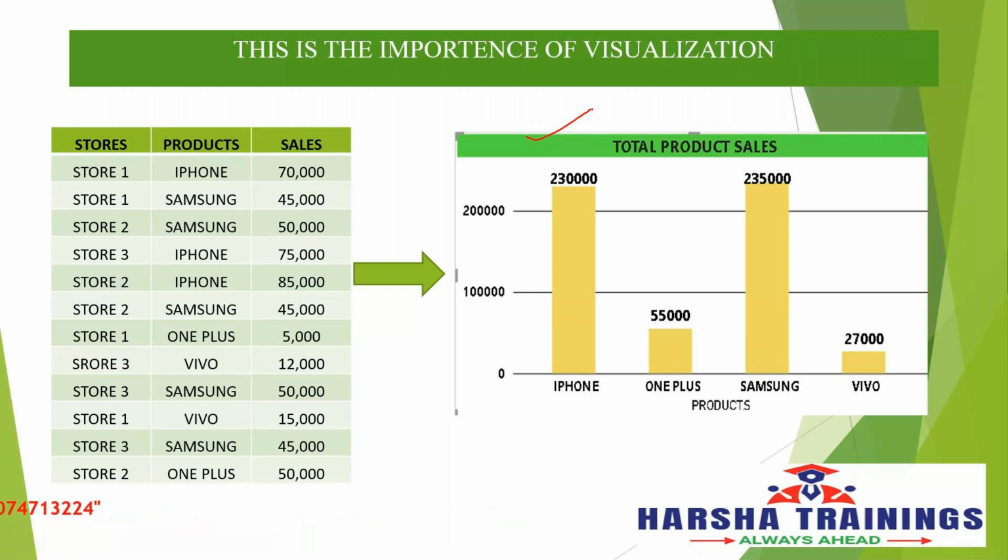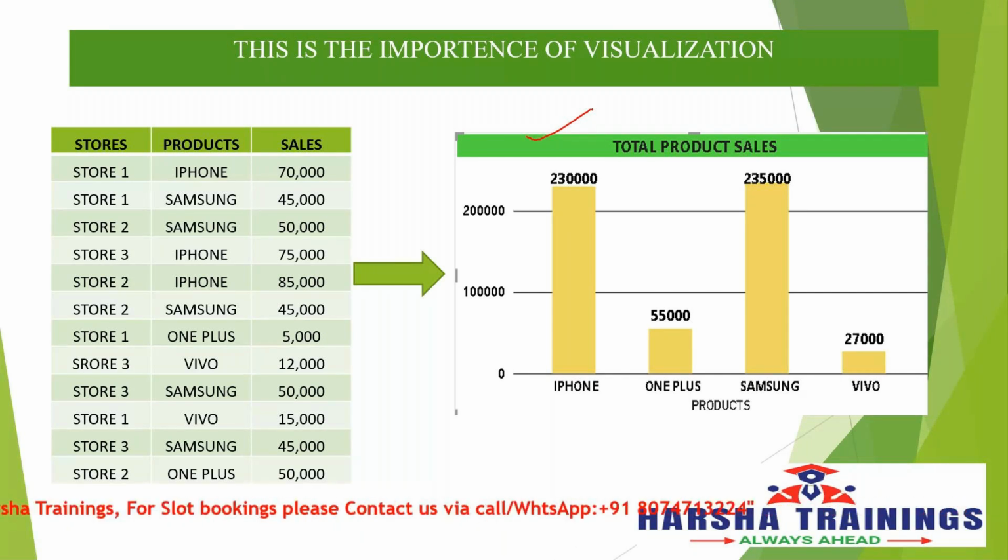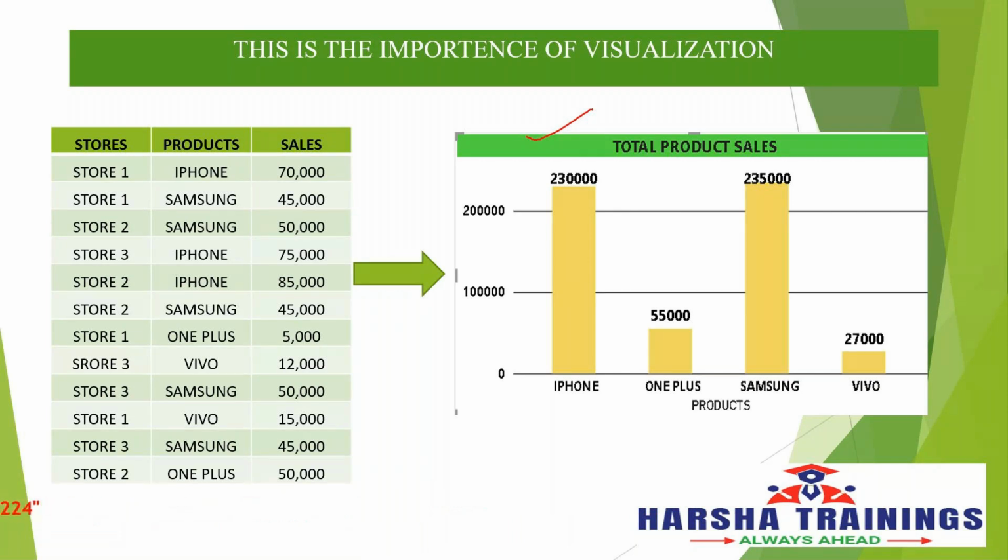What story you can create here is that there is data with stores, products, and sales. Whatever I have explained here so far, you can explain that. The products are iPhone, OnePlus, Samsung, and Vivo, and there are sales for every product in every store.